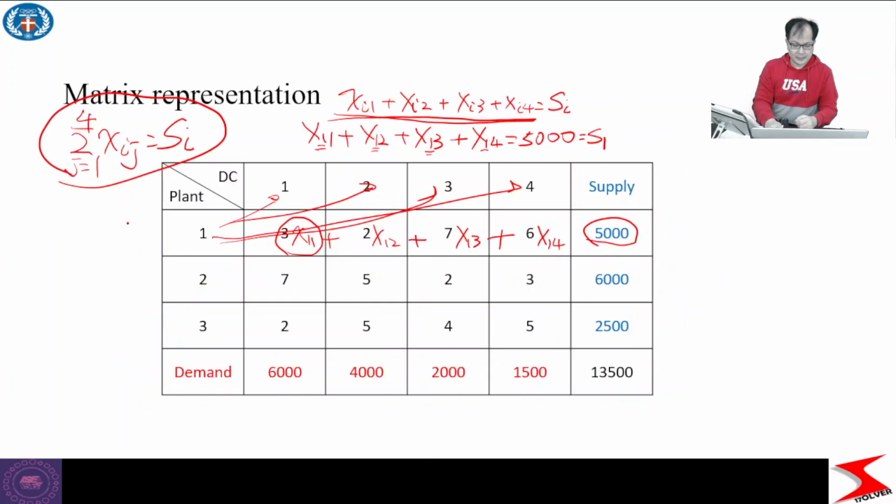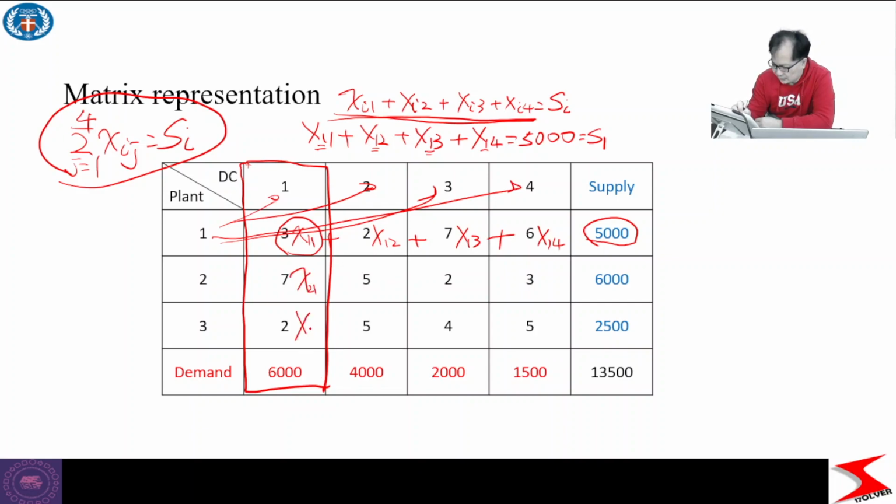And for the distribution center, we use the column. Then we write down x11 plus x21 plus x31 equals D1, right?